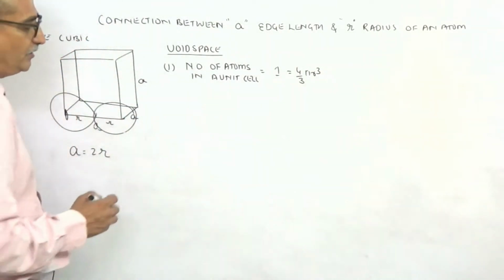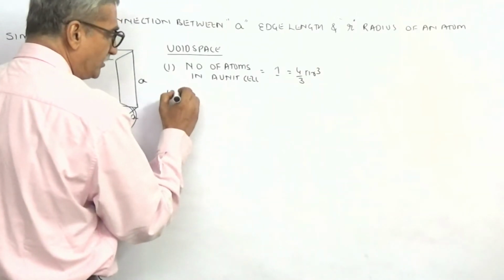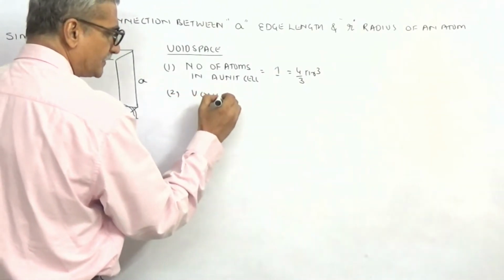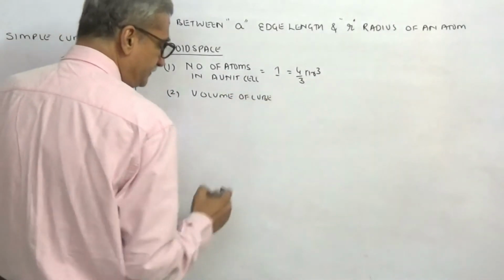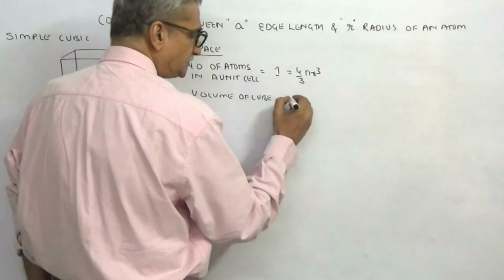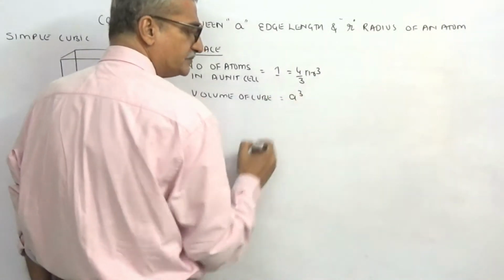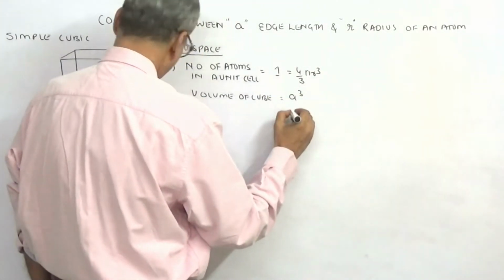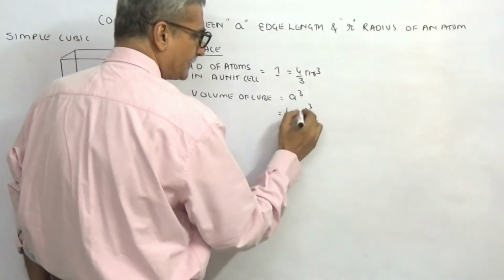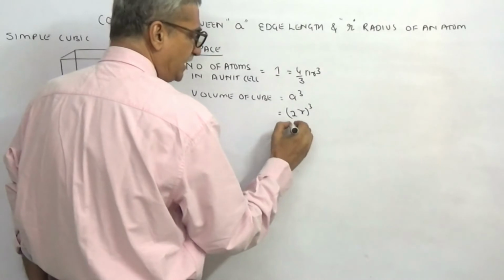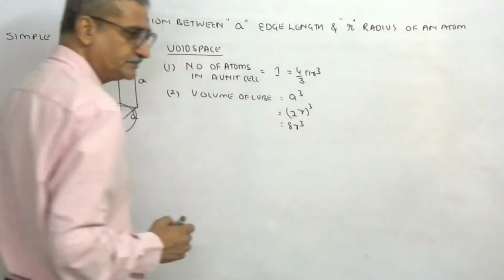Okay. The second is, what is the volume of the cube? Volume of cube will be A cube. But A is equal to 2R. So it's 2R the whole cube. That means it is 8R cube.